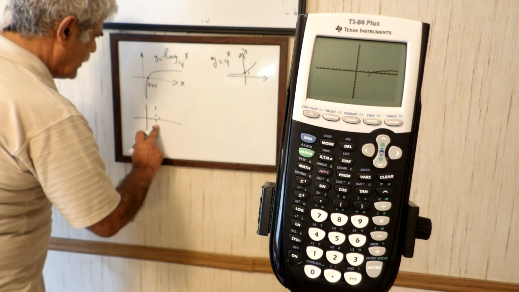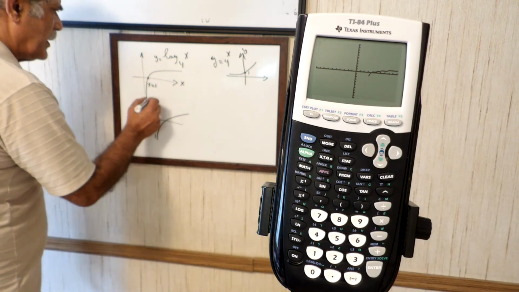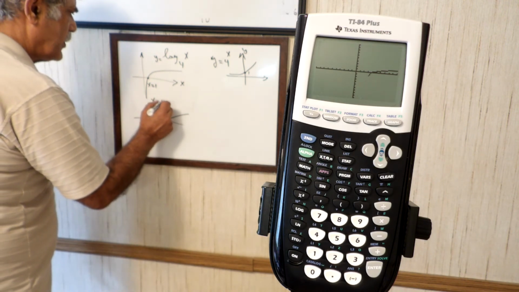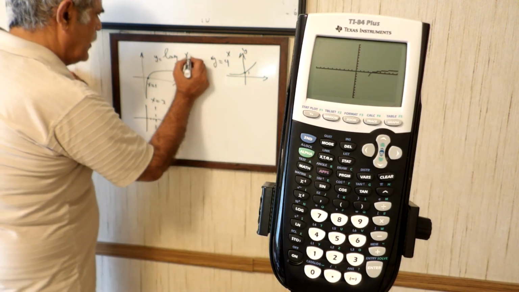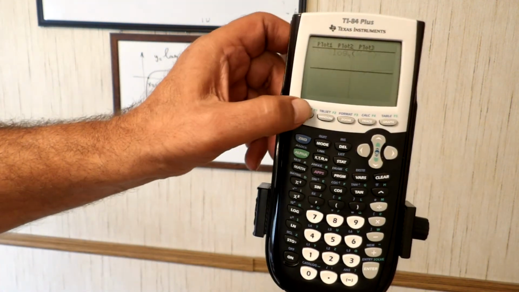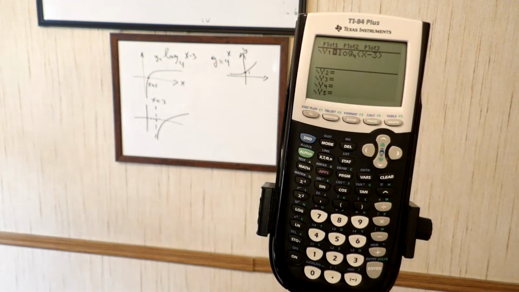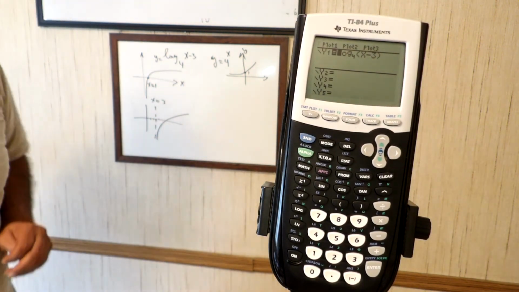Because x is equal to 3. This one was x minus 3, right? The function has minus 3. So the vertical asymptote is this.